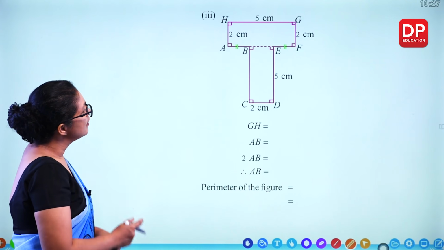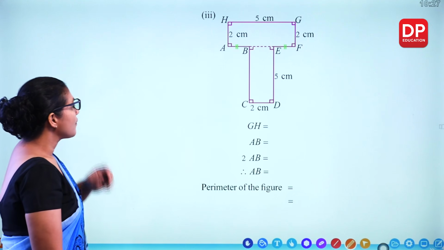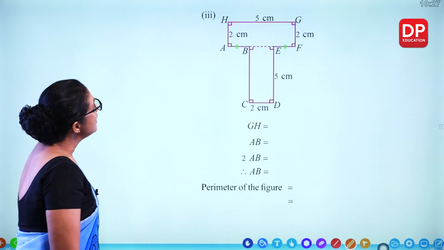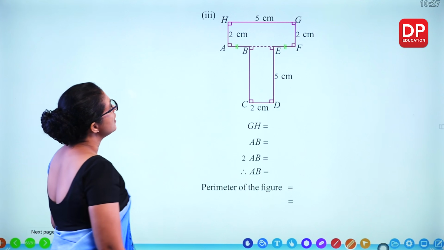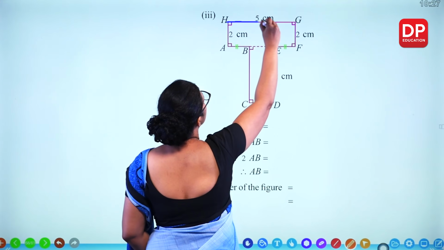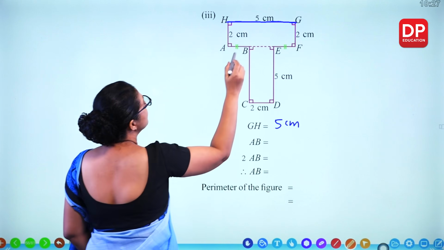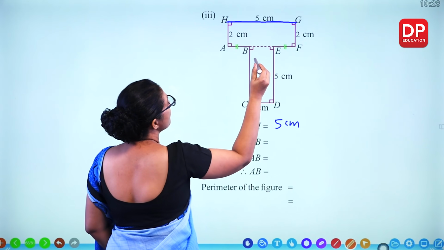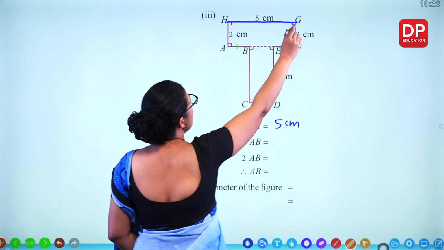Part 3. So you need to find out the perimeter of the figure. So we will find out separately. GH is 5. This length is 5 centimeters. AB, what's the length? Here total length is 5.